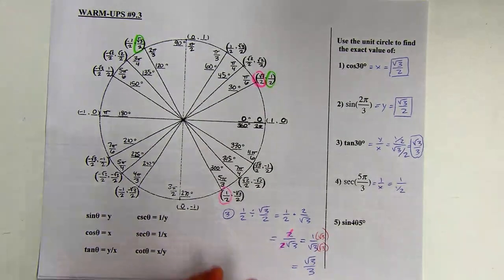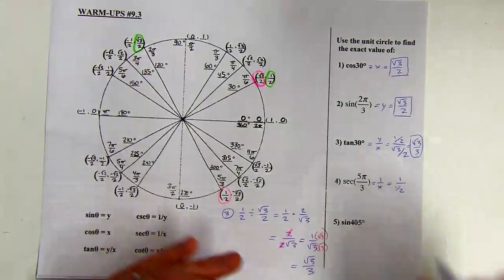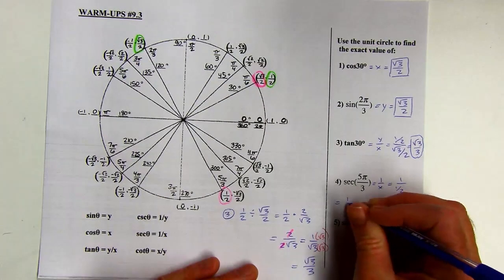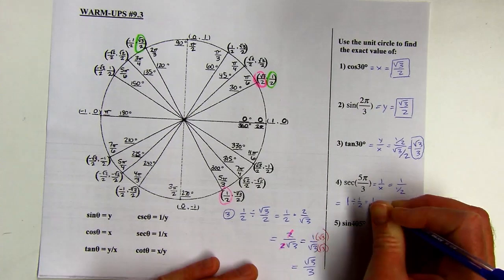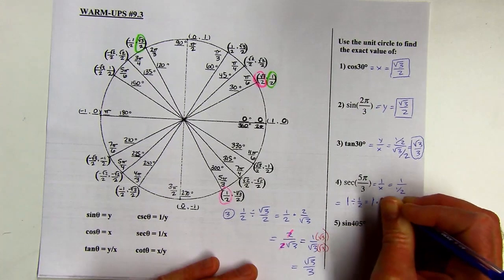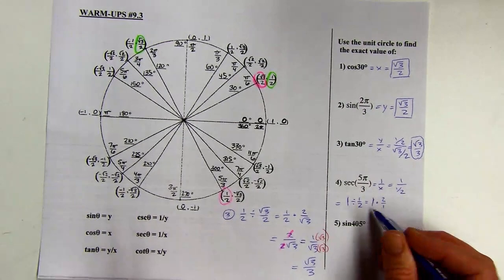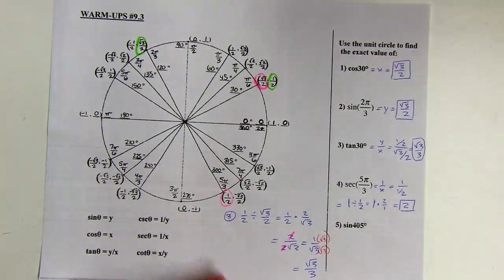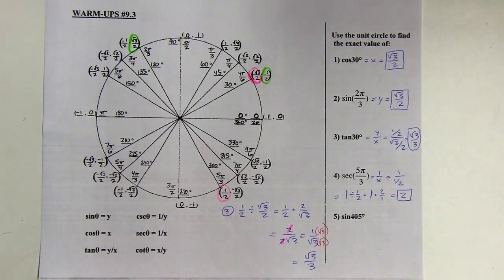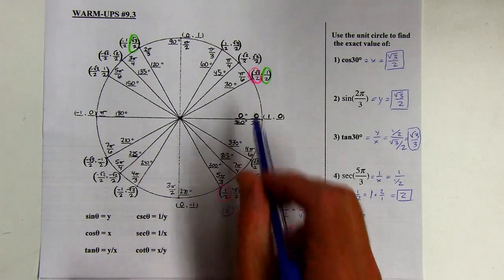Okay? So I don't want to leave that as a complex fraction like that, so let's think of this as division. 1 divided by 1/2. Well, that's the same as 1 times 2 over 1, which is just 2, right? So 1 times 2 is going to be 2. Okay, and that's exact.